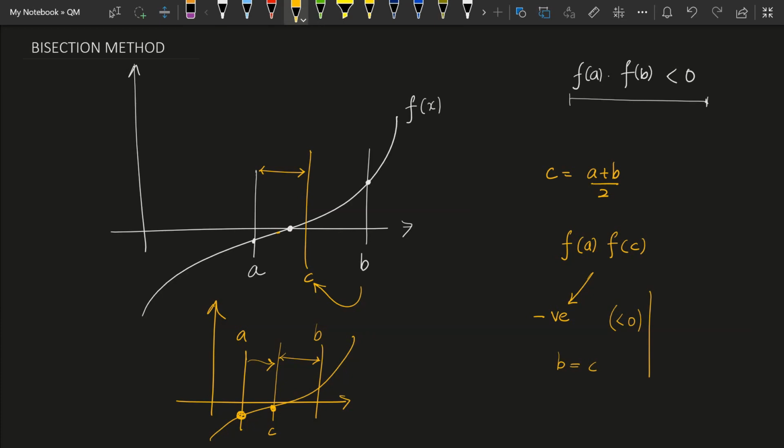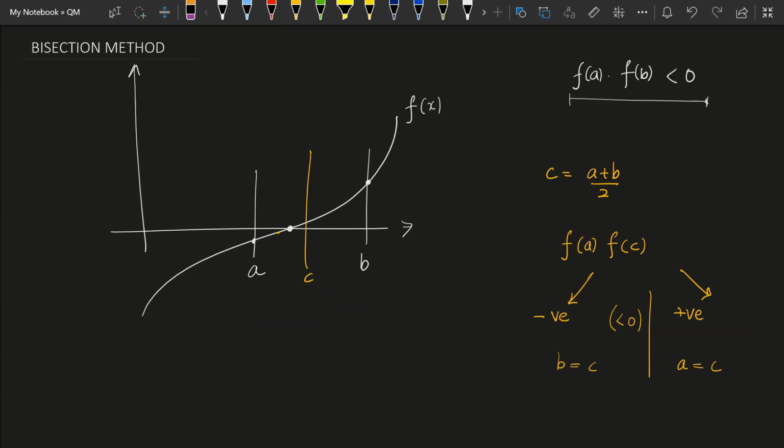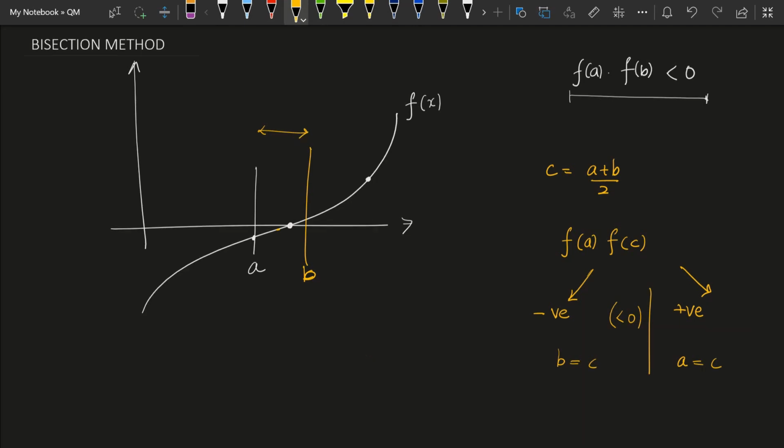So if f of a into f of c is negative, we shift our b to c, but if f of a into f of c is positive, then we shift our a to c. So as you can see, after this step, our b will be shifted to here, and the range in which we are sure the solution is has become half as uncertain as it was previously.